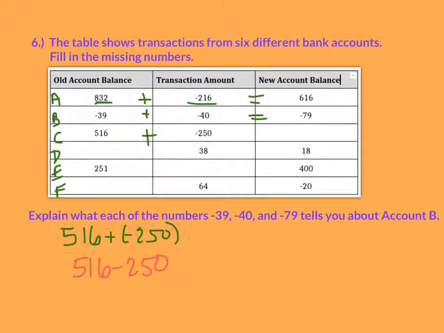So there's 250 plus another 16 is 266. And the larger of the two absolute values is the positive 516. So this would be positive 266.